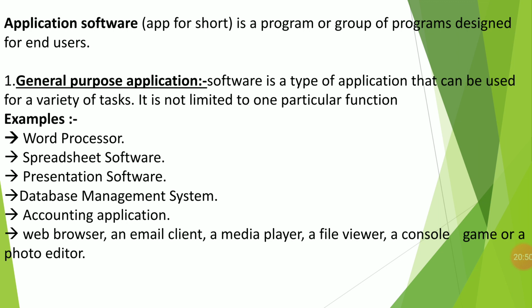These types of software are also known as packages. Some commonly used general purpose softwares are word processor, spreadsheet software, presentation software, database management system, accounting application, web browsers, email client, a media player, a file viewer, console game or photo editor, and apart from this many more are there.